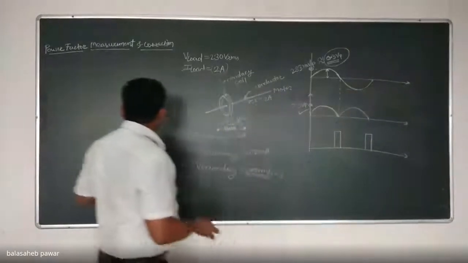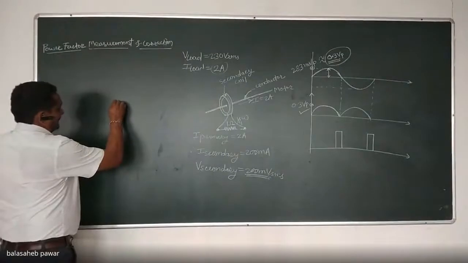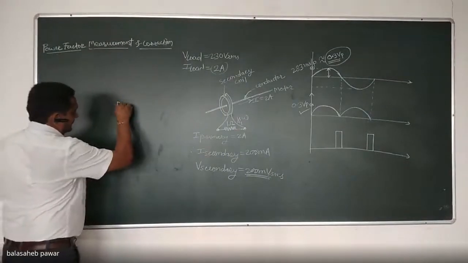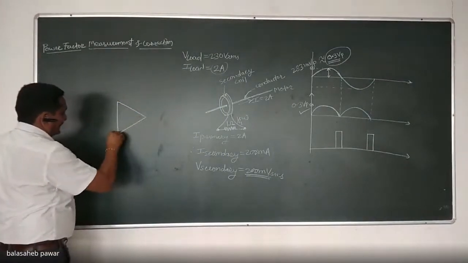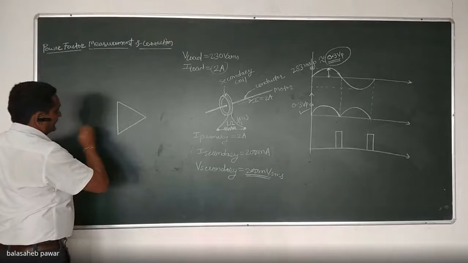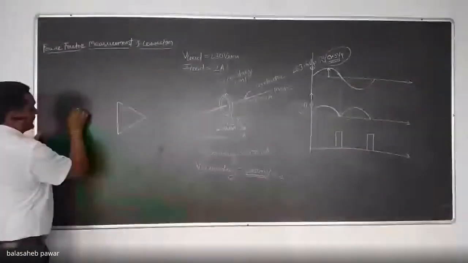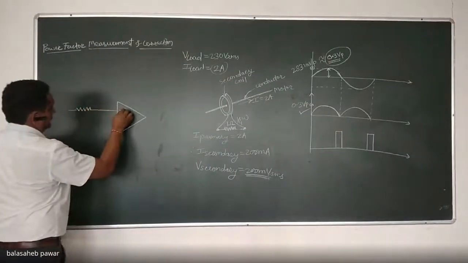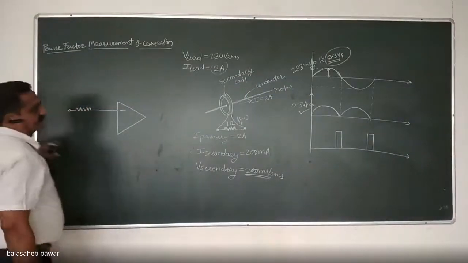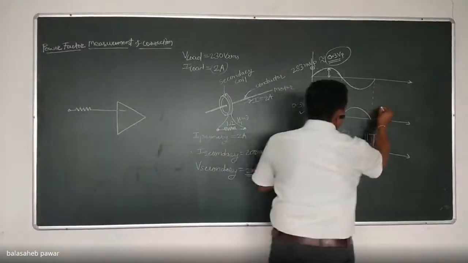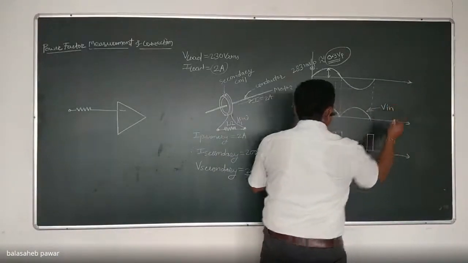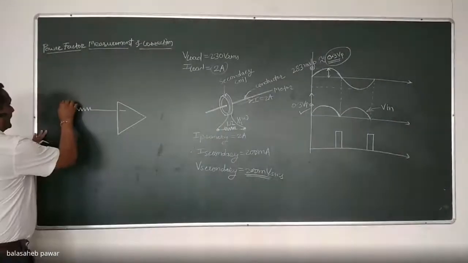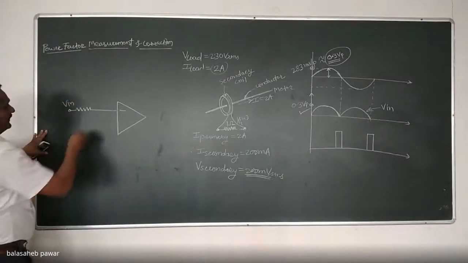See, I will just show that diagram. As no one was giving the answer immediately, I have to show it. I will call it V in. That V in is available at the inverting terminal of the op-amp.